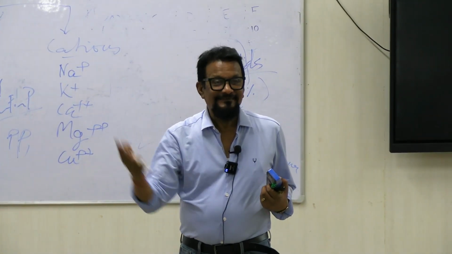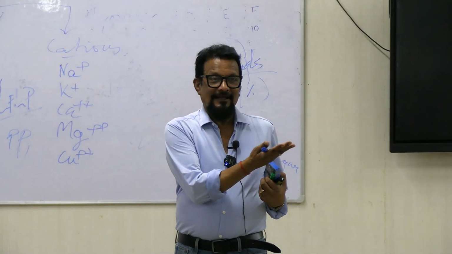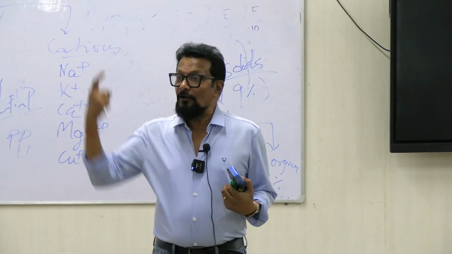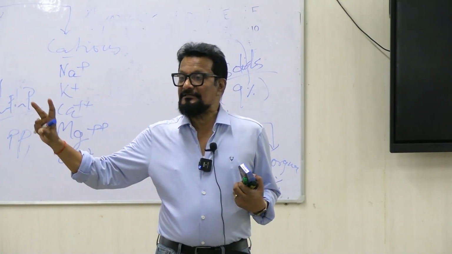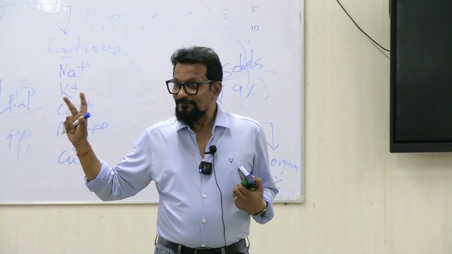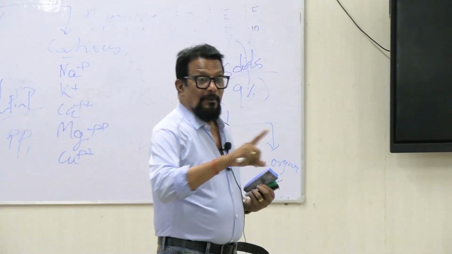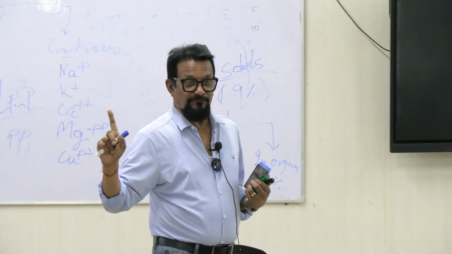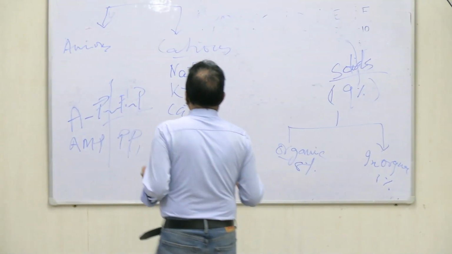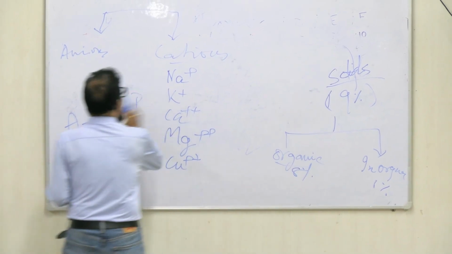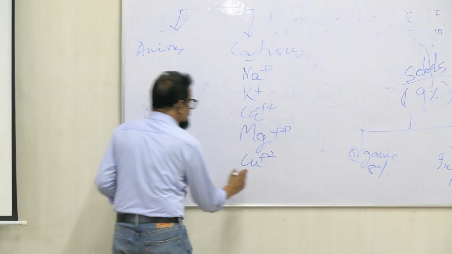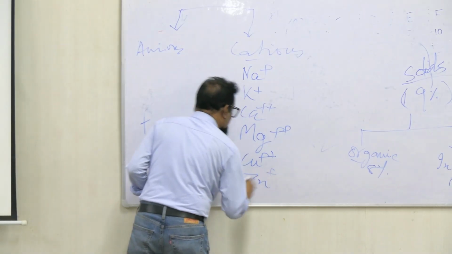If this copper is deposited in the liver or brain, it is a serious condition and the patient may die. But copper is also very important for body functions. So these are cations. Zinc is also there for immunity.